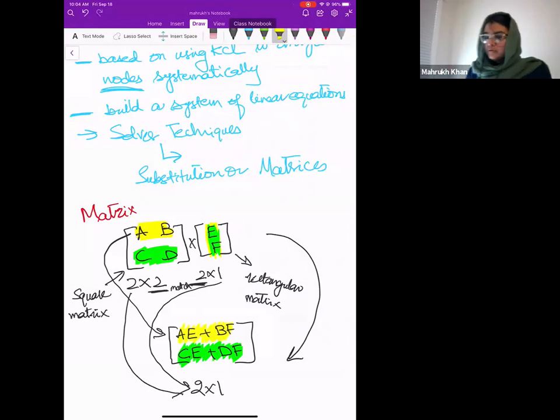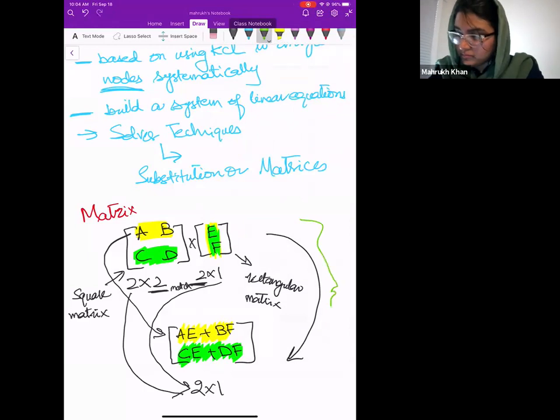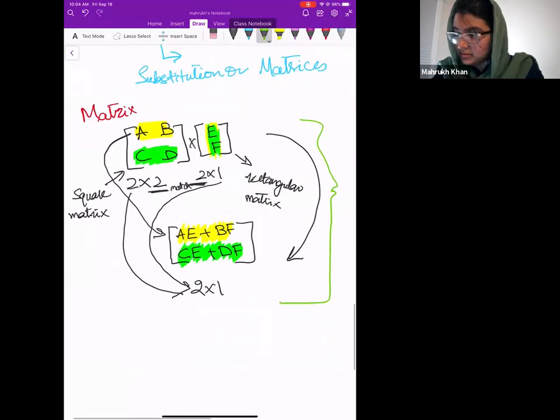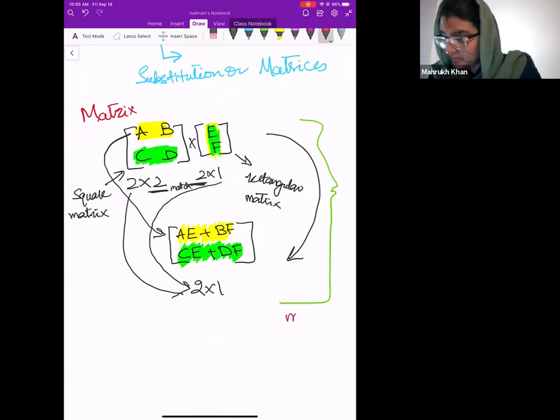Right? So this will give me the resultant multiplication. Okay? So this thing is the matrix multiplication. Okay.